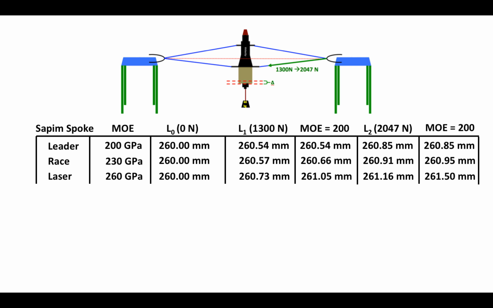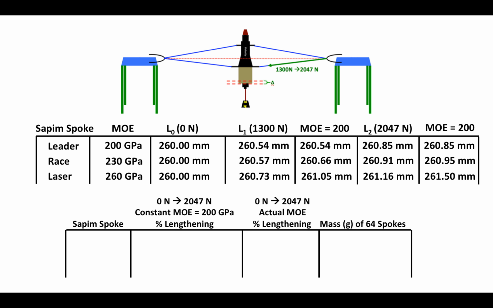Even though the cross-sectional area of the leader spoke, race spoke, and laser decline in that order, the amount of stretching of the spoke under load is not as much as it would have been had the modulus of elasticity not increased at the same time.